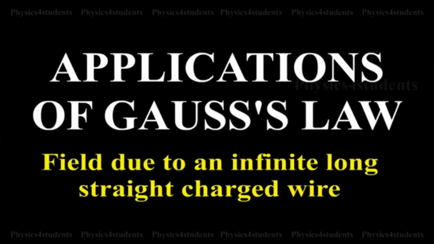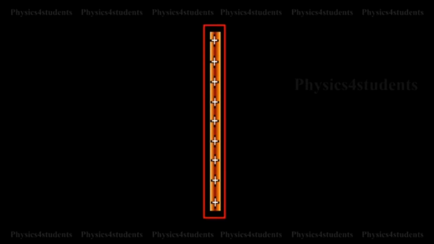There is a video attached with this; it will be even more clear if you understand that. Application of Gauss's law: field due to an infinitely long straight charged wire. Consider a uniformly charged wire of infinite length having a constant linear charge density lambda, charge per unit length.